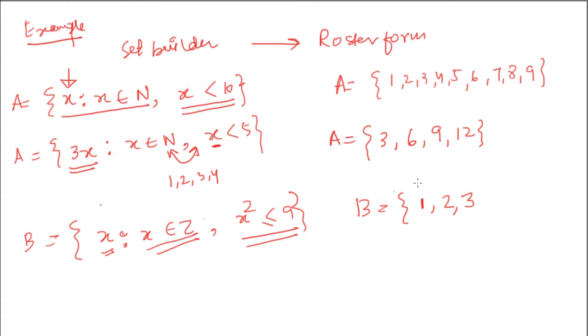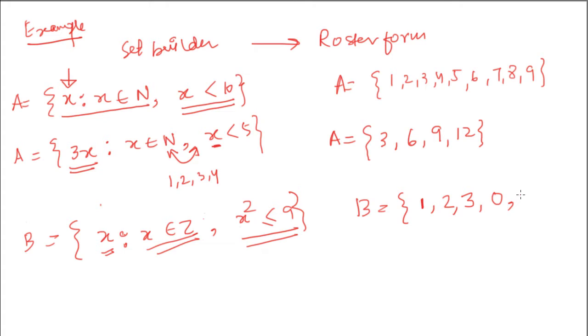No. Why? Because 4 square is 16, which is greater than 9. Can we write 0? Yes, we can write down 0 because 0 square is also less than or equal to 9.